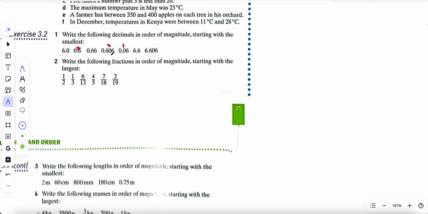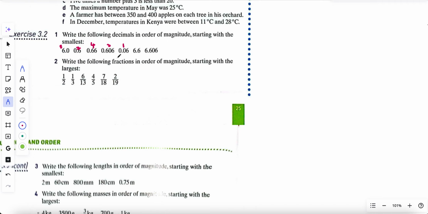After 0.606, we have 0.66. This is number 4. After that, all the 0 points are gone, so we have the 6 points. The next one is 6.0. This is number 5, the fifth smallest.